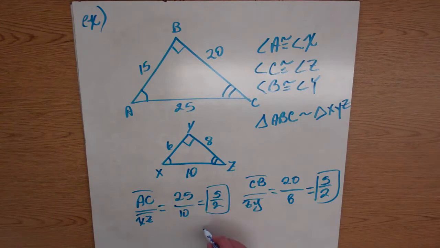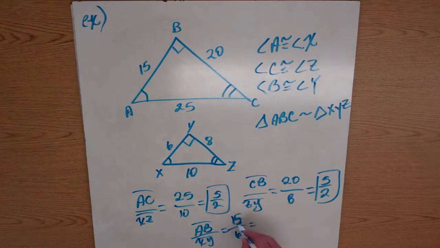So now let's do the final one. Let's do AB over XY. AB is 15. XY is 6. If you pull a 3 out, you're left with 5 over 2.